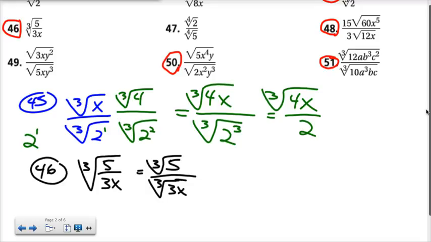And notice I've got a couple of problem areas down there in my denominator this time. I have a 3, which again you make a factor tree for 3, and that's it. It's 3 to the first. That's your prime factorization. So what we have to do is we're going to have to multiply by the cubed root of 3 squared, which is the cubed root of 9.